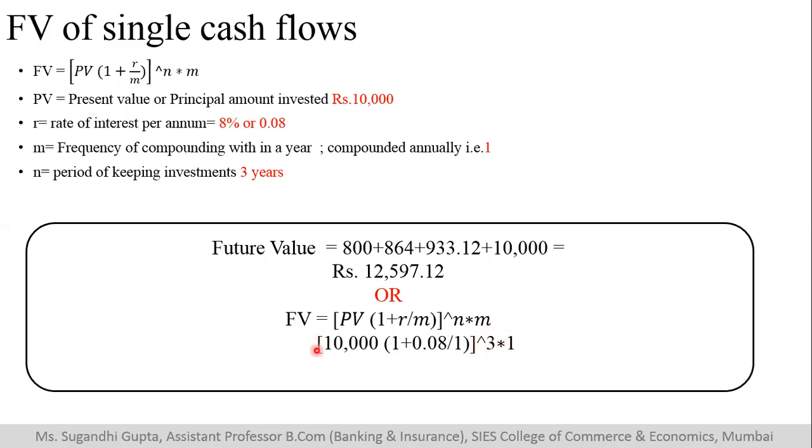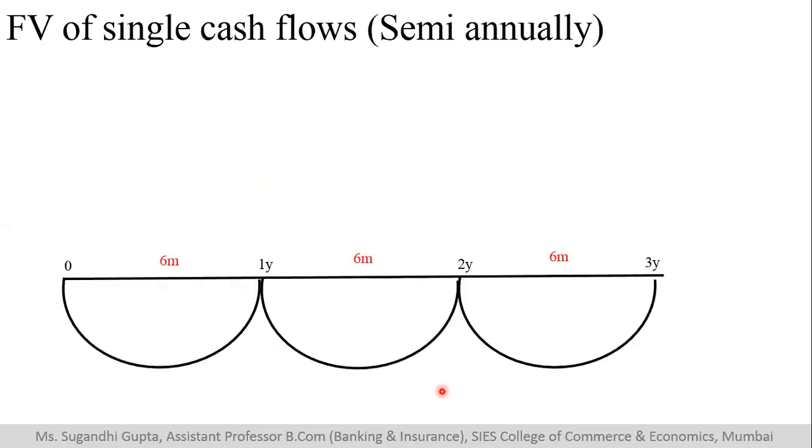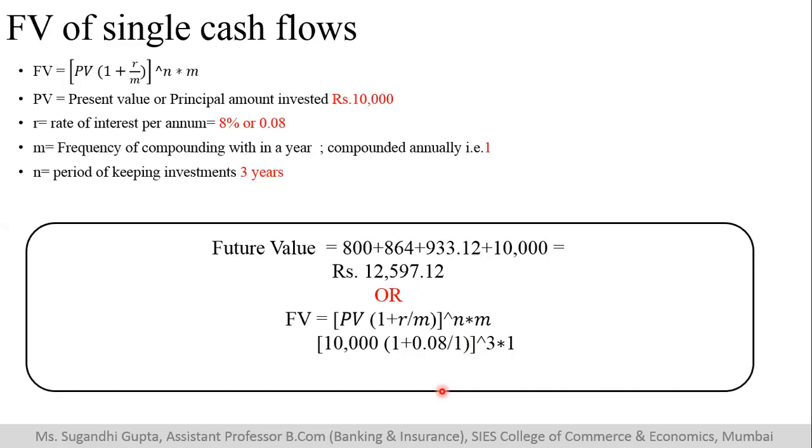If you calculate using this formula, you will get the same value. Now, this is the case where compounding happens annually, but sometimes compounding can also happen at a much faster rate. So maybe twice in a year, 4 times in a year, 5 times in a year, or maybe 12 times in a year. When the rate of compounding increases, let us look at what happens to our investment.